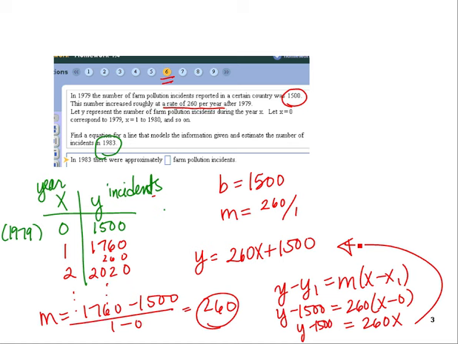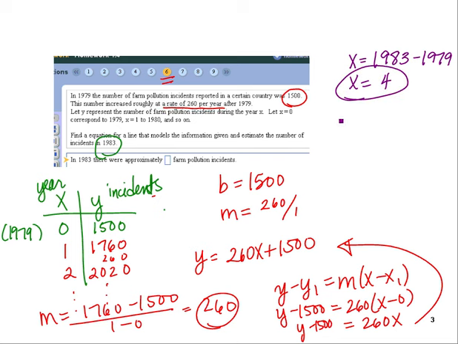Now, how can we find the number of incidents in 1983? Well, to do that, we have to understand what is the value of x there. X represents the number of years after 1979, so we can't just plug in 1983. We've got to subtract off that base year, so that gives us x equals 4.